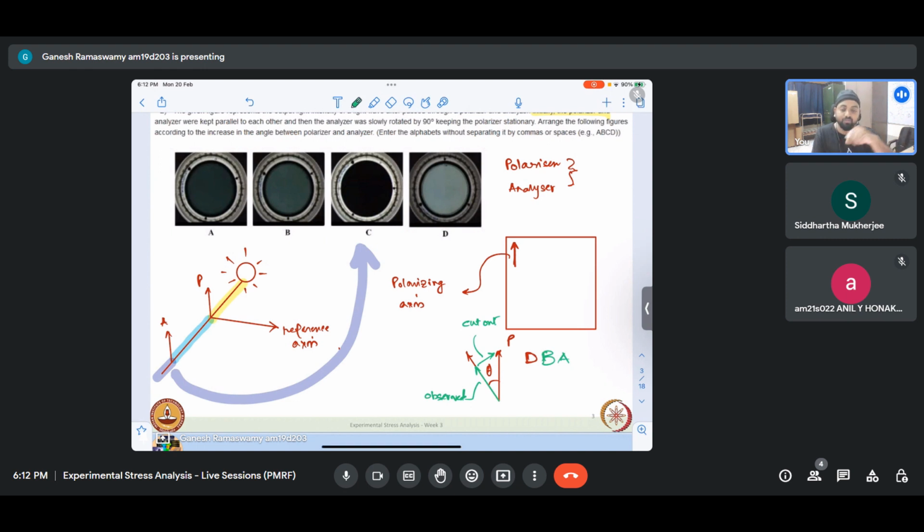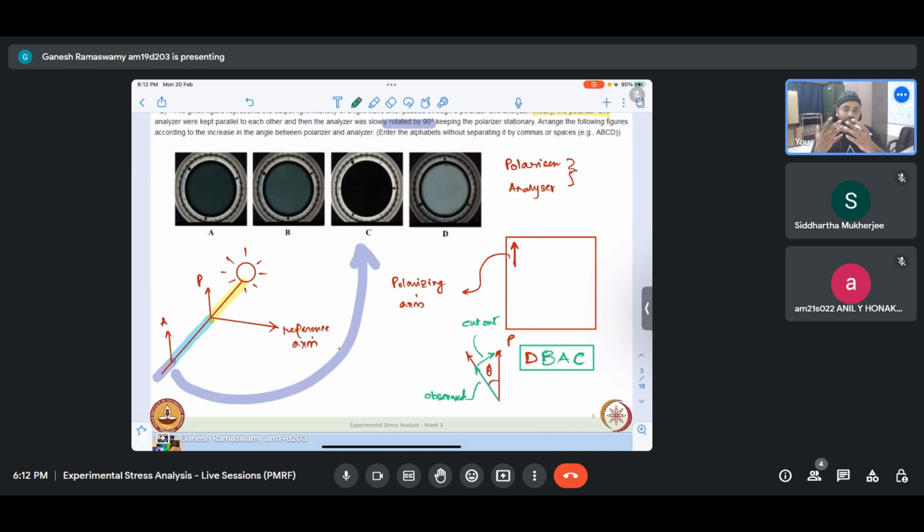And slowly, once we make it perpendicular, since it is mentioned here that slowly it is turned and kept at 90 degrees, it will totally become dark, which is represented by C. So the idea is that now we have a polarizer and an analyzer that is perpendicular to it, so no light is passing through.